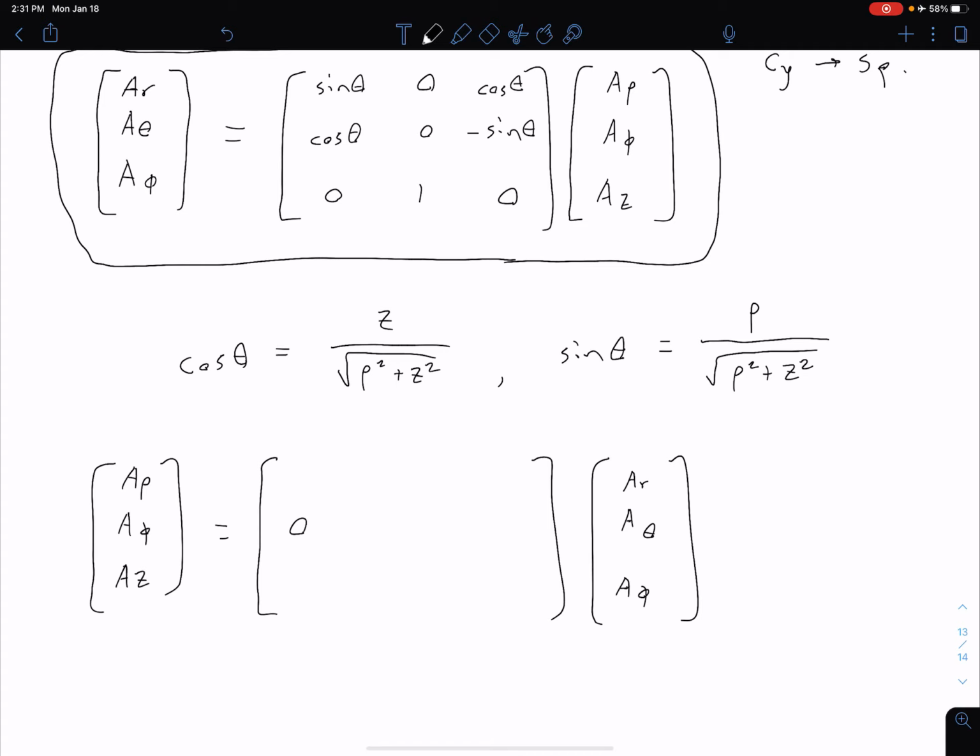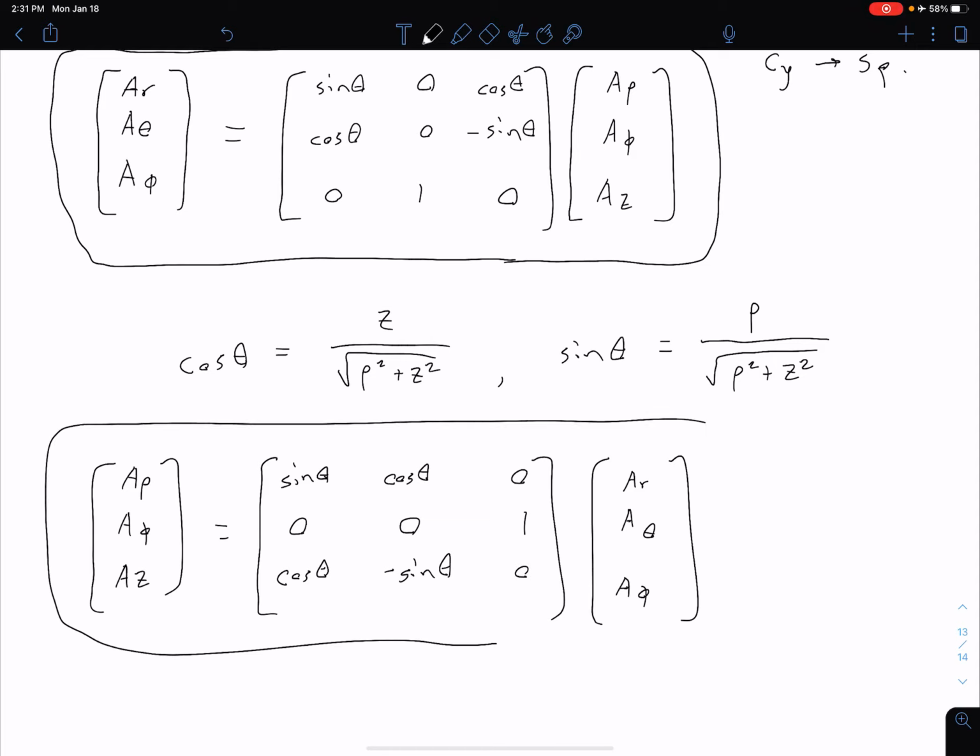We know that's going to be 0, 0, 1 because phi is equal to phi. For our first row, we have sine of theta in our first entry, cosine theta in the second column, and 0. And for our third row, we have cosine theta, negative sine theta, and 0. And so this is how we would go from spherical to cylindrical vector.